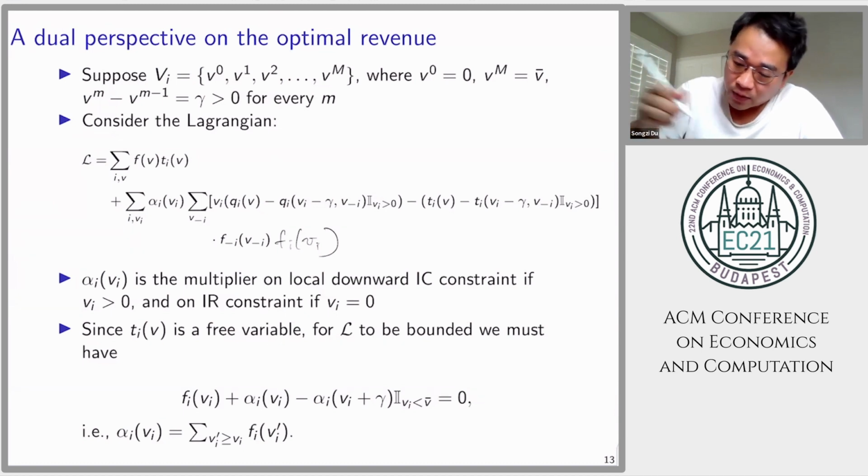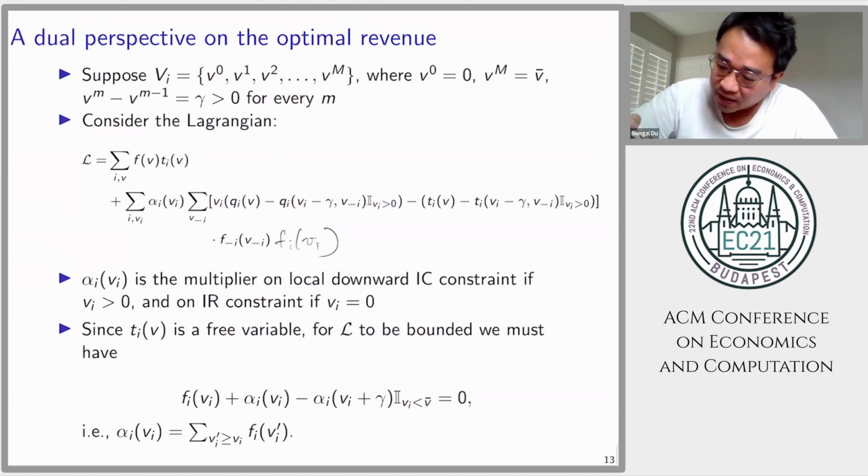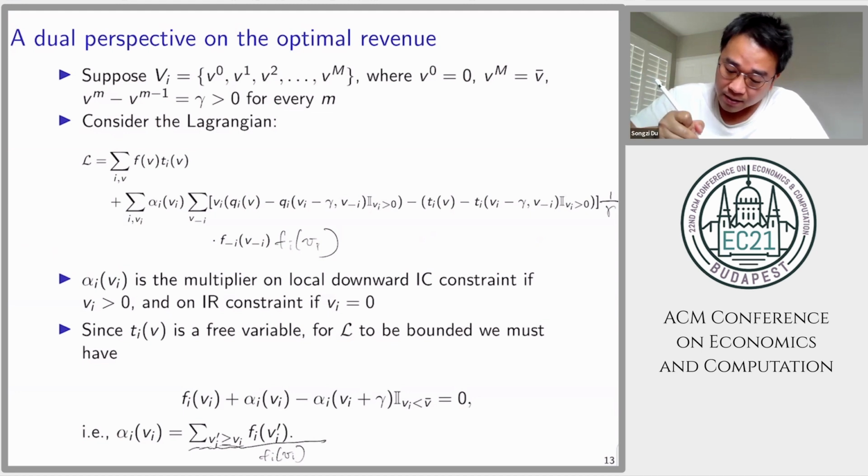It is also convenient to write this constraint as a discrete derivative, so we divide by the grid size gamma. Then in this optimal multiplier we will have the probability of this type, divided by gamma.